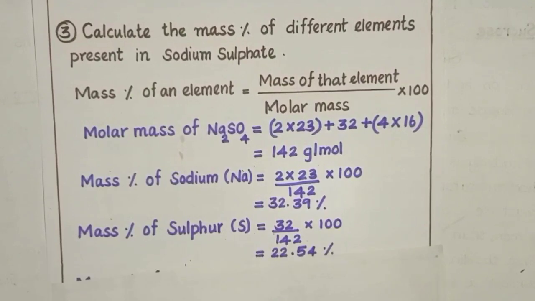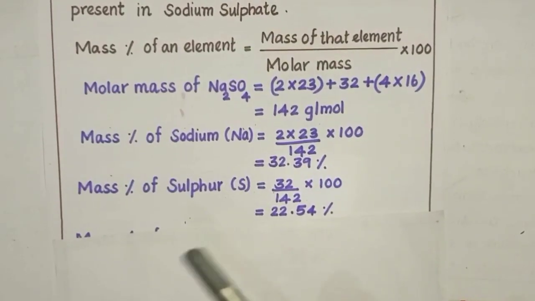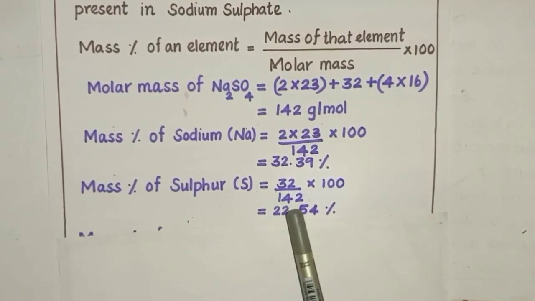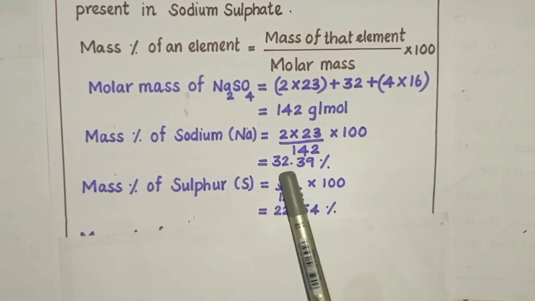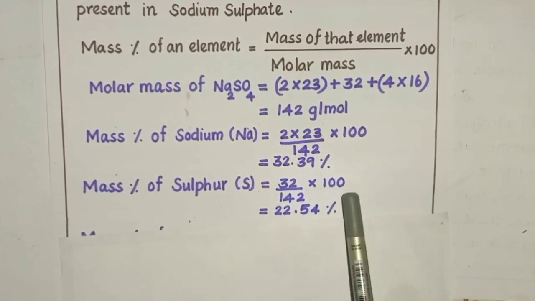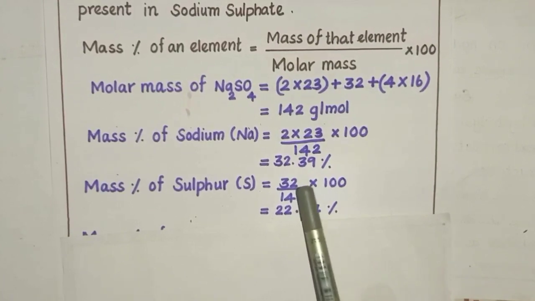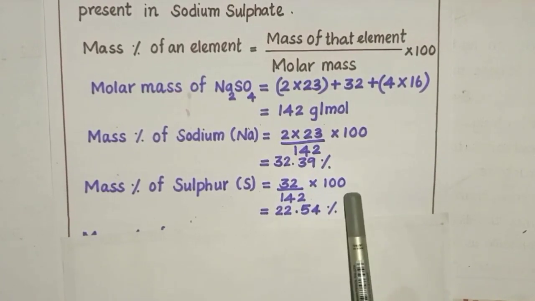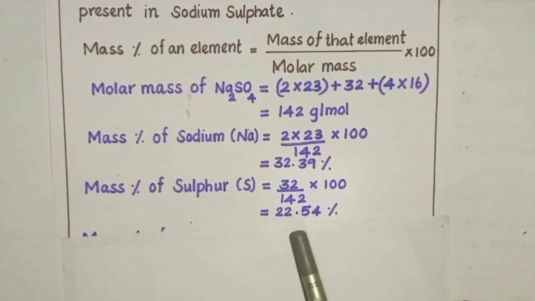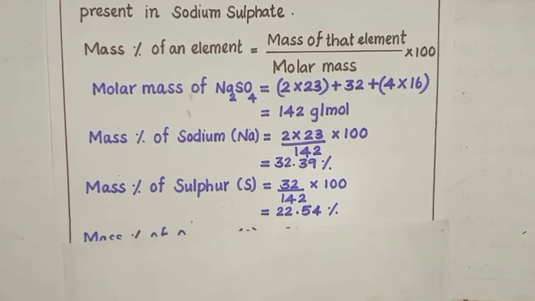Mass percentage of sulfur is equal to mass of sulfur divided by molar mass into 100, which is 32 divided by 142 into 100 equals 22.54%.